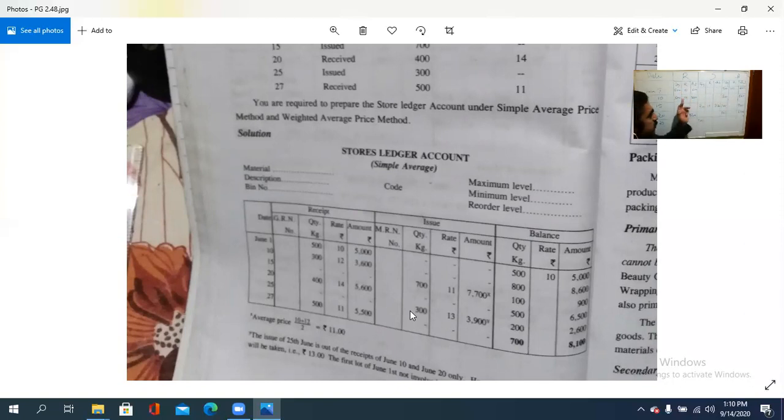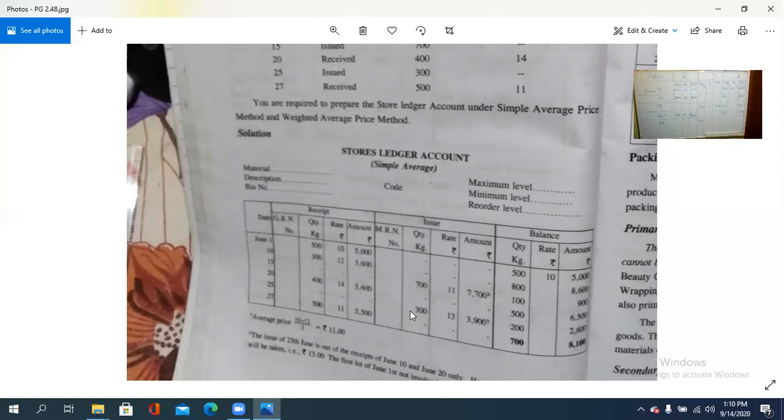Out of the 300 received at 12, the balance is 100, since 700 was already taken from the previous lot. So 100, 900, then 400, 5,600, and the total 500 units and 6,500.